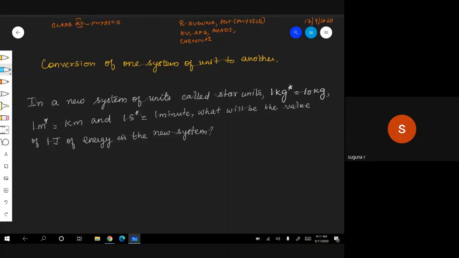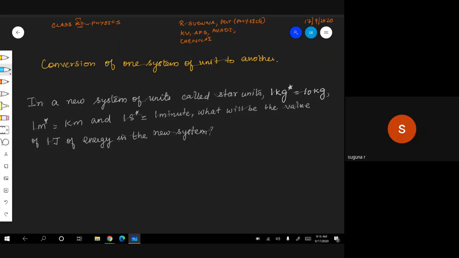You have a very clear idea about both MKS and CGS, so it is very easy for you to convert. Once you know the concept and the formula, you can easily apply it. But there are some other cases.